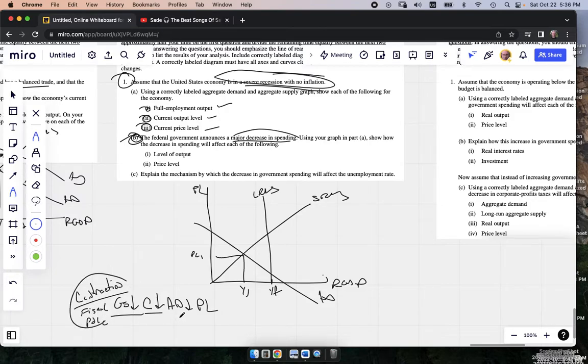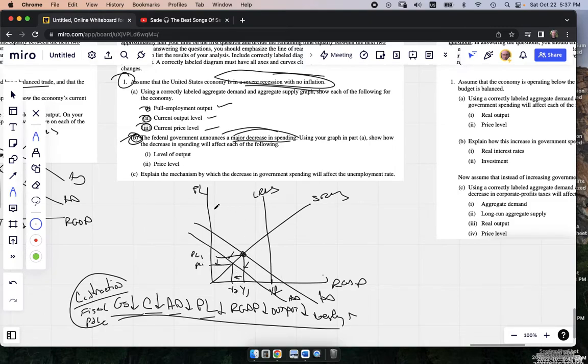So as it's contractionary, it drives down price levels, drives down real GDP, drives down output, and it would increase unemployment. Again, we're in a recession and somebody decided to decrease spending. Probably not the best time to do it. We know price level went down, we know output went down, Y2, PL1, level of output, price level.